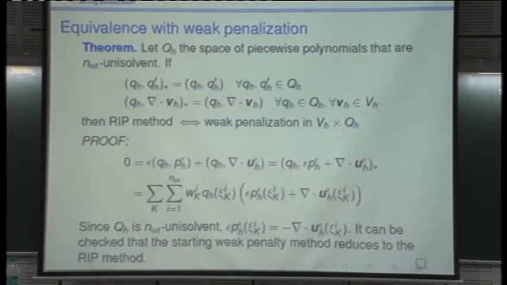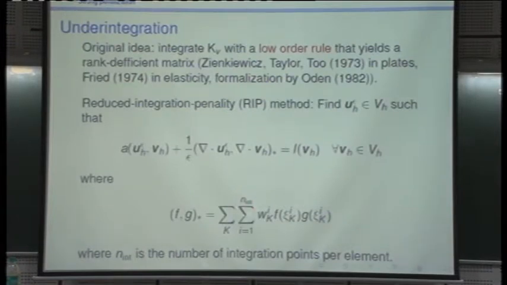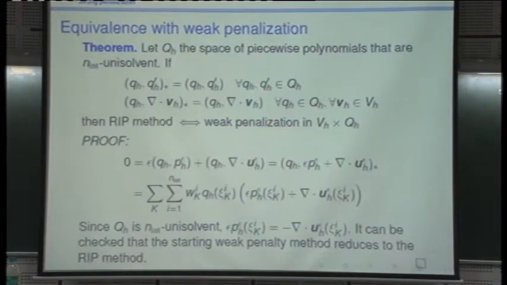And it turns out that there's a result, a curious result. It's not very useful, but it's curious. It turns out that if you define the space of piecewise polynomials that are nint-unisolvent, where nint is the number of integration points. What does it mean? It means that those are the polynomials uniquely defined by those integration points.